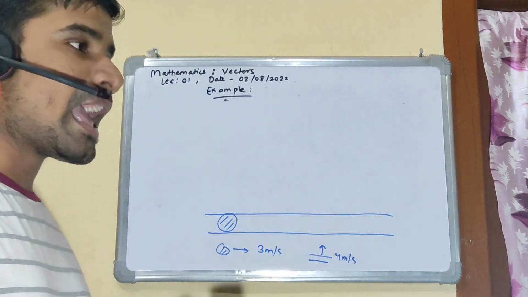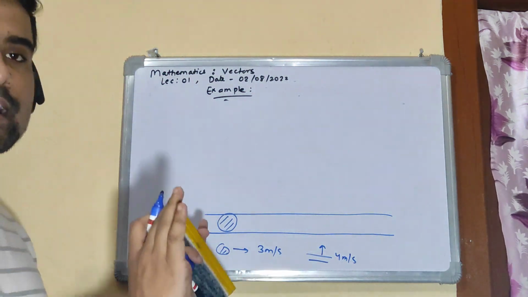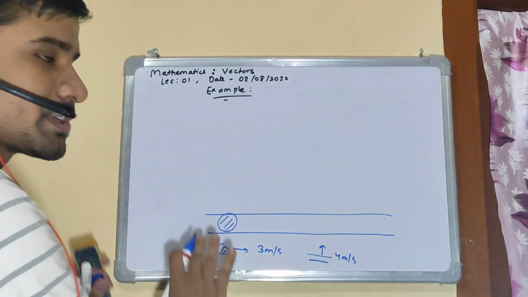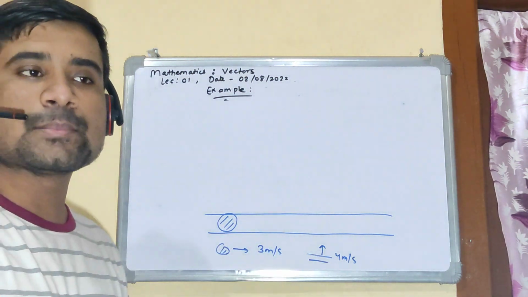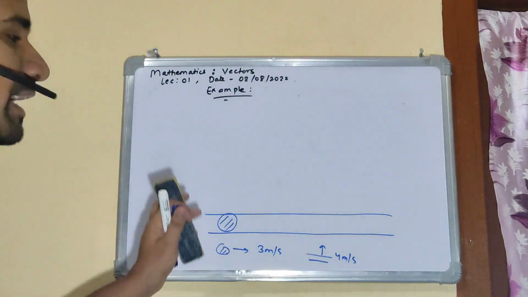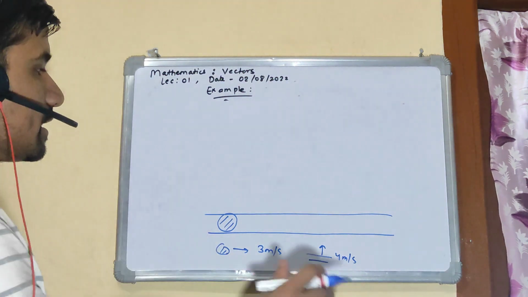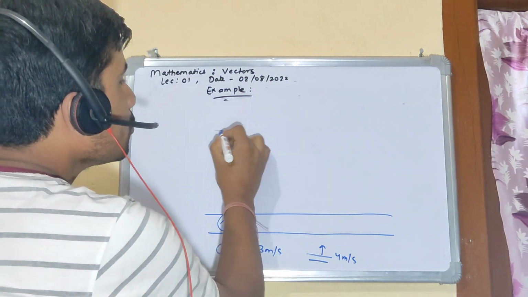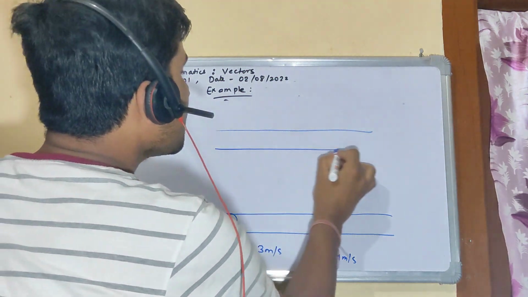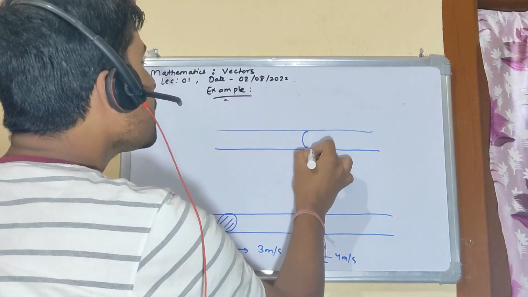So let's say as of now, this is the time equal to 0 situation. The situation is like this. What happens at time equal to 1 second? So at t equal to 1 second, this tube will come somewhere over here, and the ball will come somewhere over here.